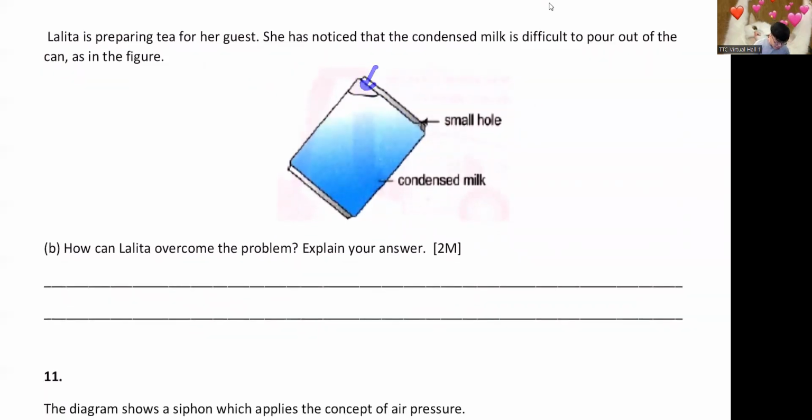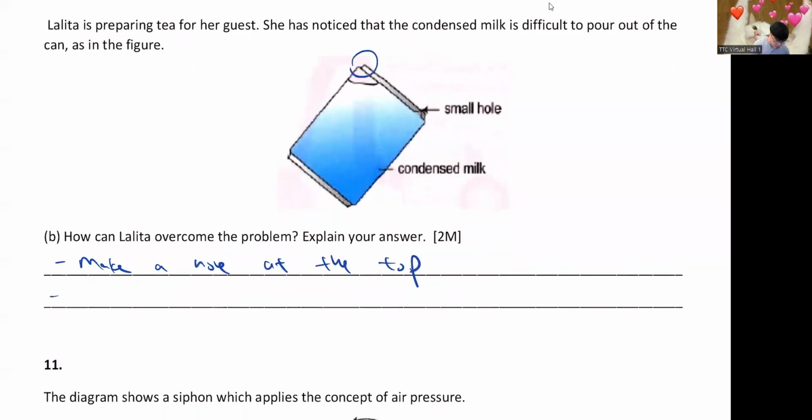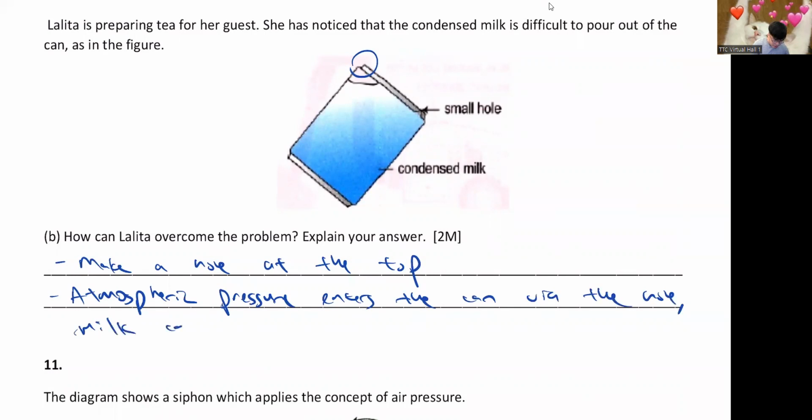She can make a hole at the top, which is around here. Why? Because atmospheric pressure enters the can via the hole, so milk can be poured out.